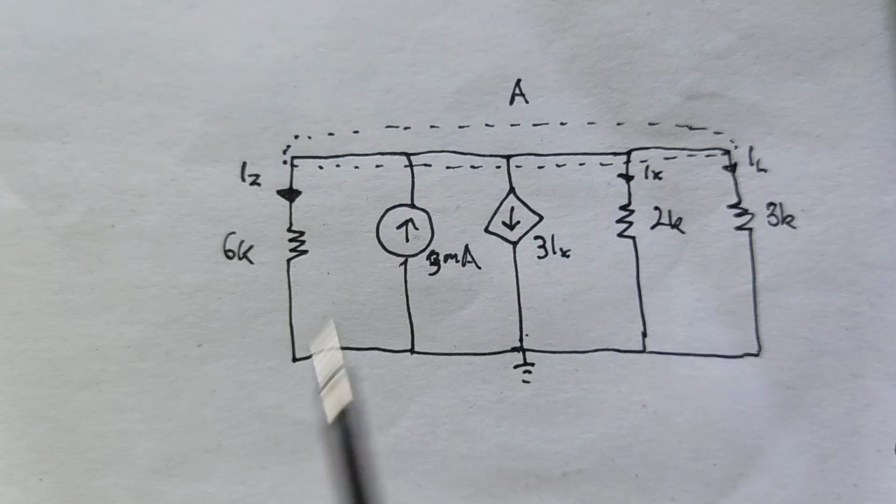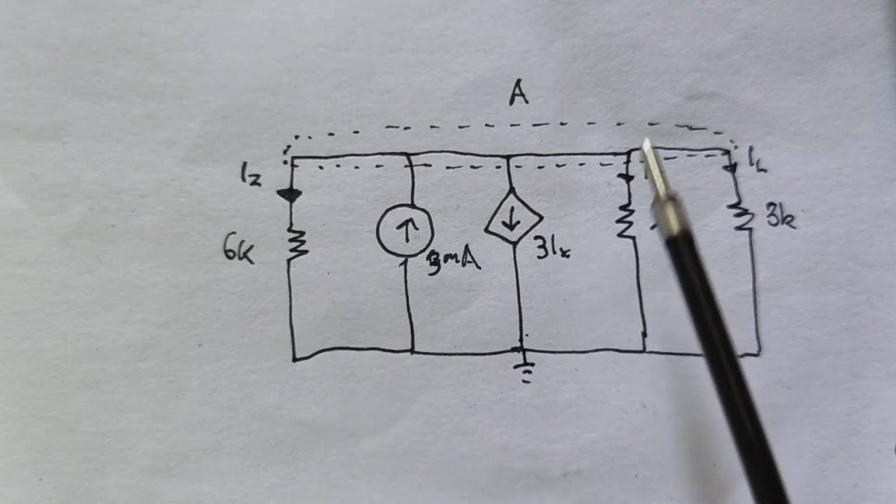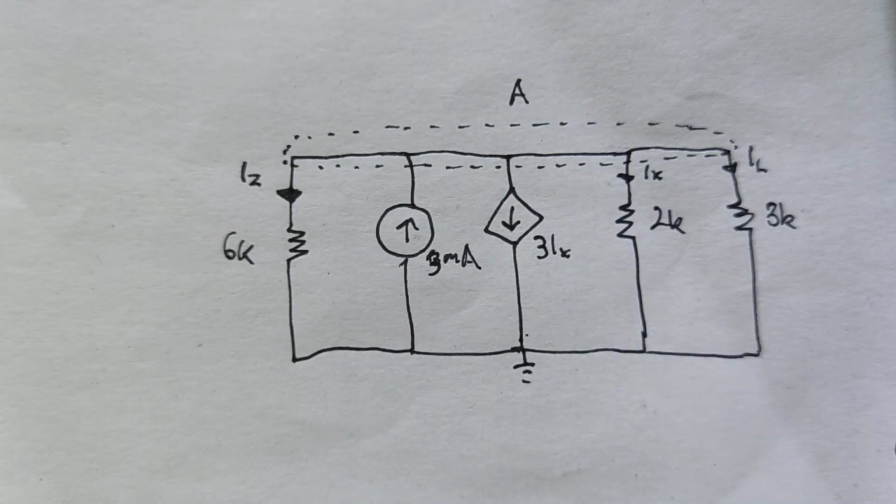We're going to use KCL at node A, since current going into this node is equal to current going out of this node, and if we combine those two, we would equate it to 0.